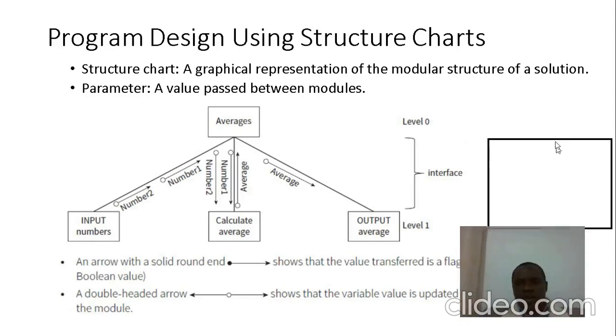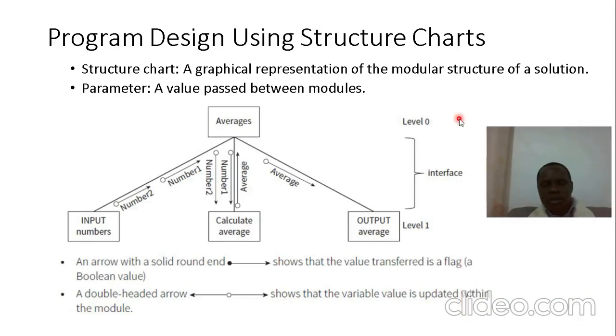All right. So now let's look at program design using structure charts. There are structure charts such as this one. It's a graphical representation of the modular structure of a solution. So there is a solution which we need here. Let's look at some parameters that are being passed here. For example, with this program, what we need to do is calculate the average, so it's called the averages program.